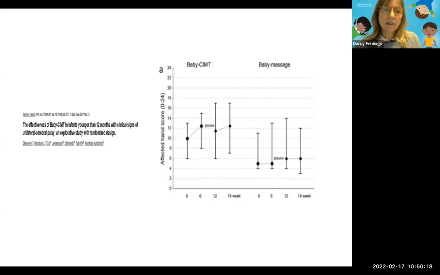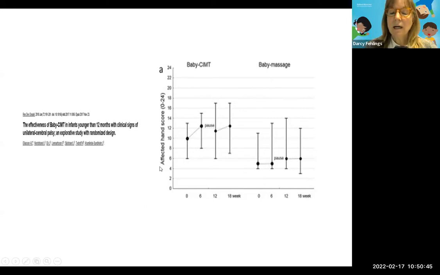So Professor Anka Eliasson from the Karolinska Institute and team did an excellent randomized controlled trial that is published. And these are the main results. So they randomized children who had hemiplegic cerebral palsy or at high risk for hemiplegic cerebral palsy into receiving baby constraint or baby massage.